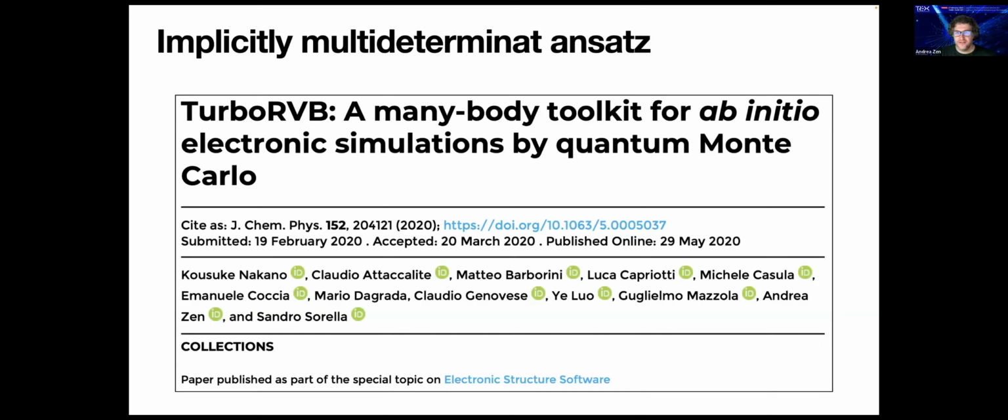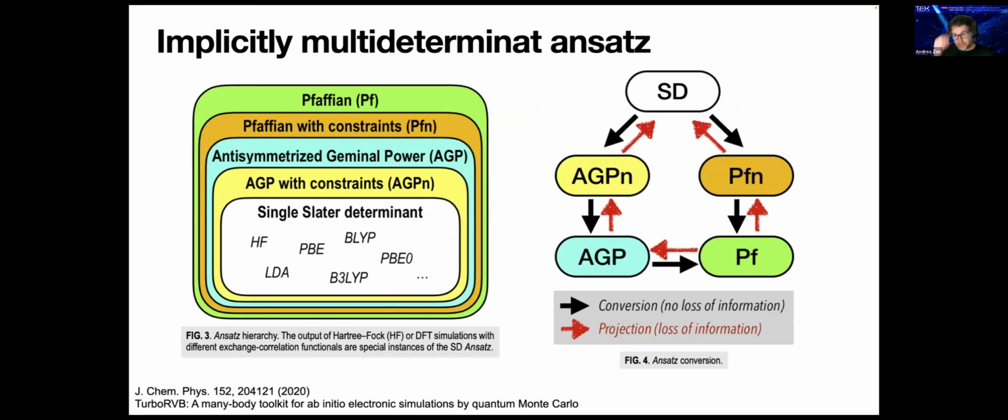It is discussed very well in a review paper that was published a few years ago, the paper on the slide. It shows that the single Slater determinant is a particular case of a more general ansatz, the Pfaffian ansatz, and in between there are other ansatzes that are more general than the single Slater determinant, less general than the Pfaffian.